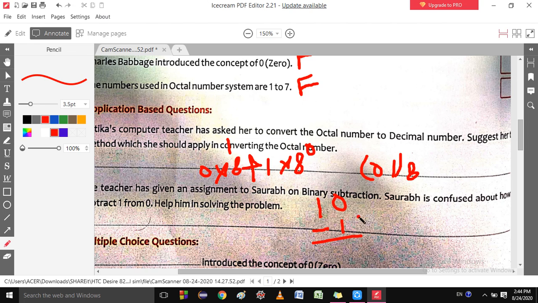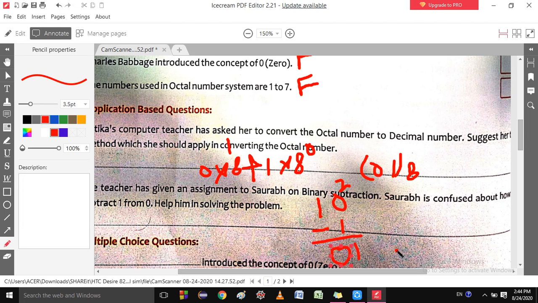Basically 0 minus 1, it borrows 1, so it becomes 10. 10 in binary is 2 in decimal, so 2 minus 1 is 1. Here it gives 1, and here it becomes 0.